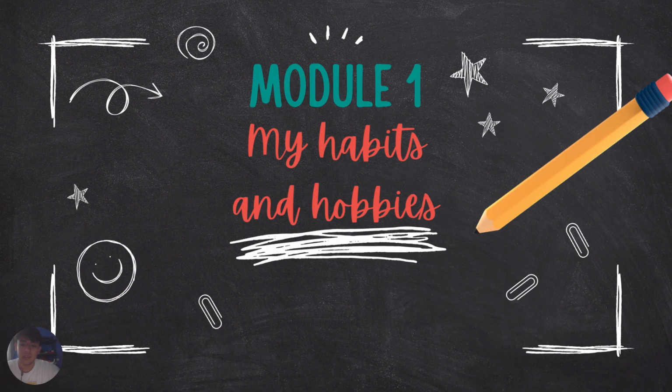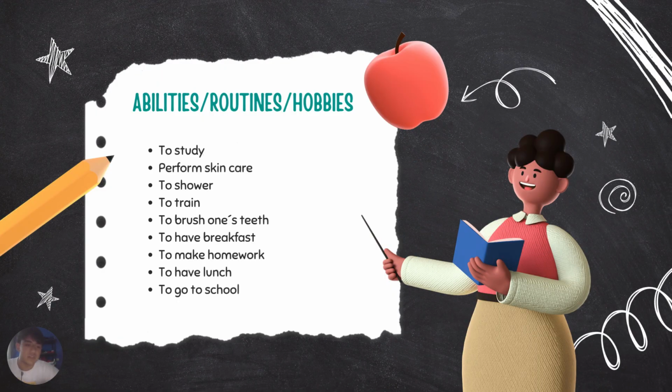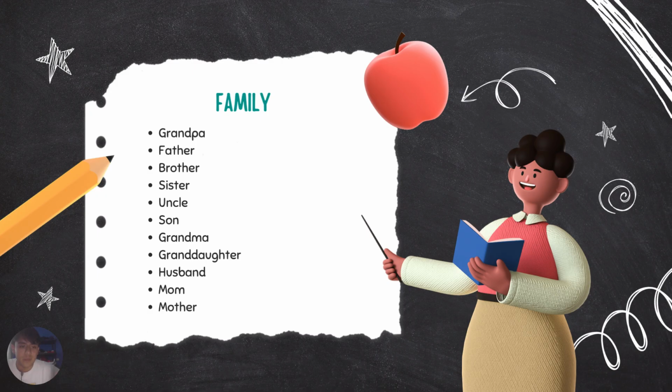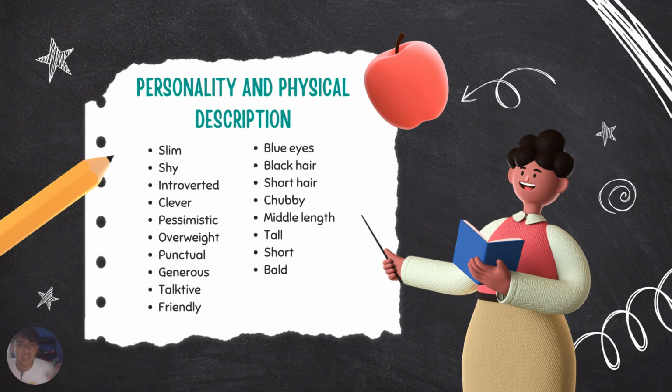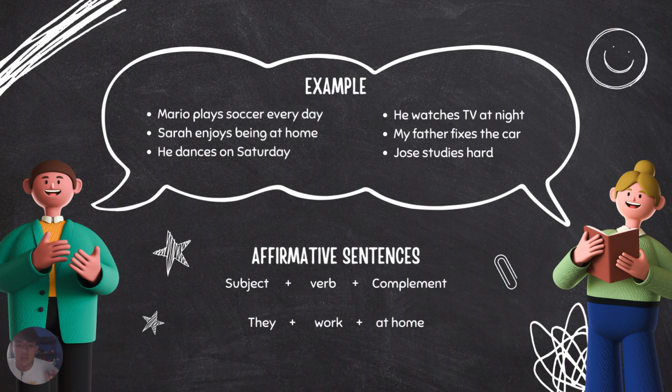In Model 1, we talk about routines like studying, training, or having breakfast, family, personality, and physical description.